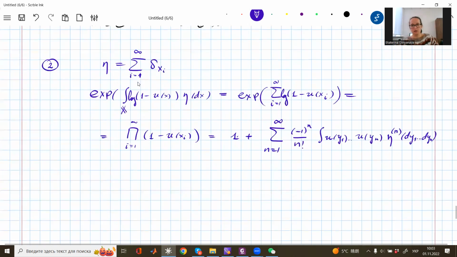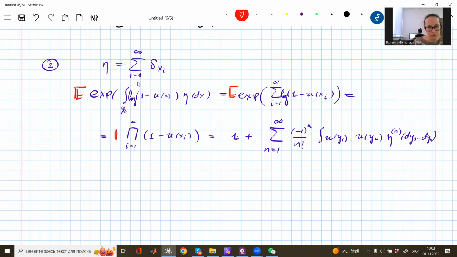Okay, and now what do I need to consider? Now I write the expectation here and here. When I write the expectation, this means that I change the factorial measure to its factorial moment measure.